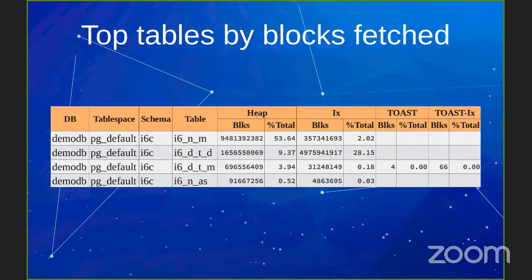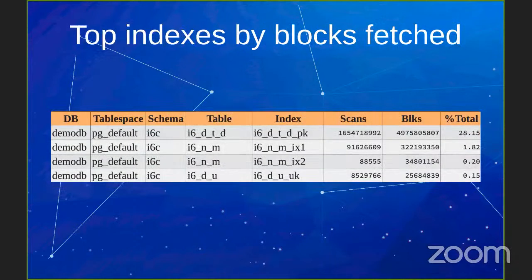If you want to dive a bit deeper to see the exact indexes affected, we should look at another report table, appropriately named top indexes by blocks fetched. Index I6DTD-PK on the table I6DTD, likely a primary key index, is the most heavily loaded index in our database. 28% of cluster blocks were fetched from this index.